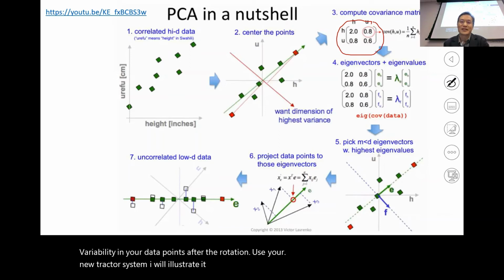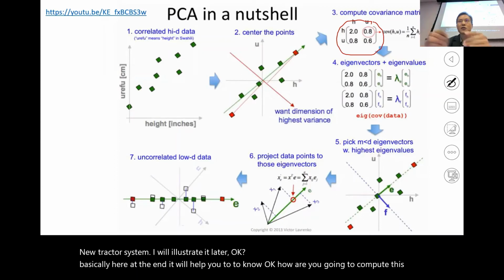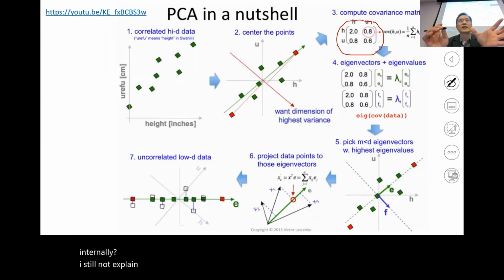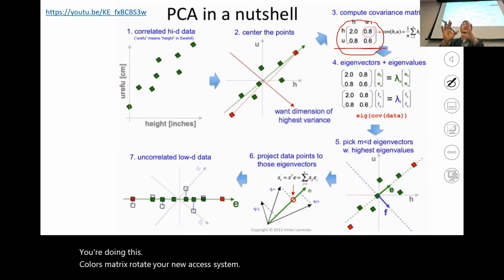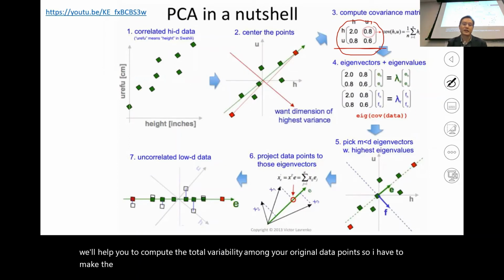Basically, at the end, it will help you know how to compute this internally, and I still haven't explained why you're doing this. The covariance matrix rotating your new axis system will help you compute the total variability among your original data points. So I have to make the link after the break, okay?